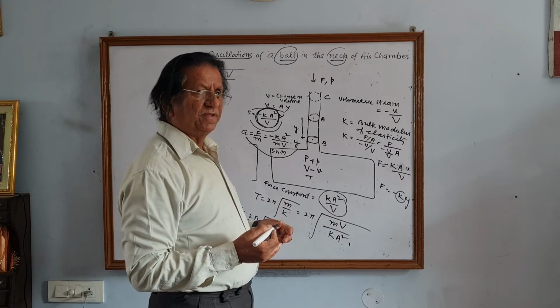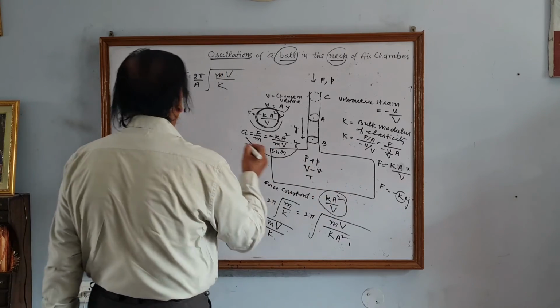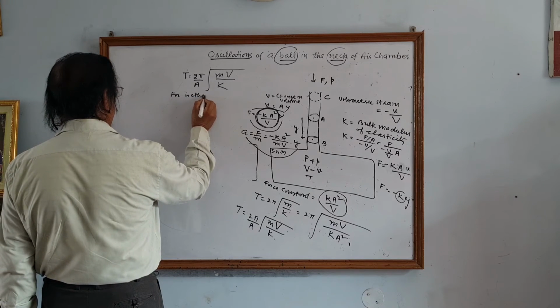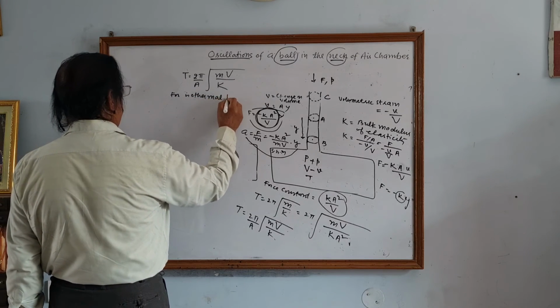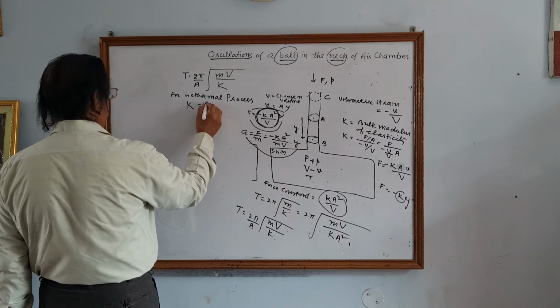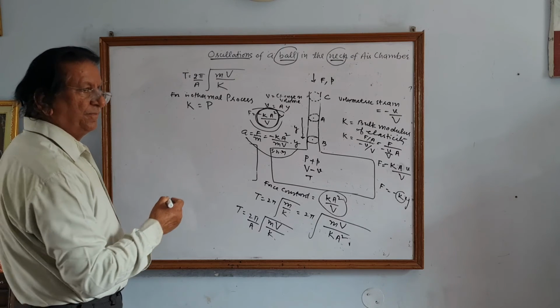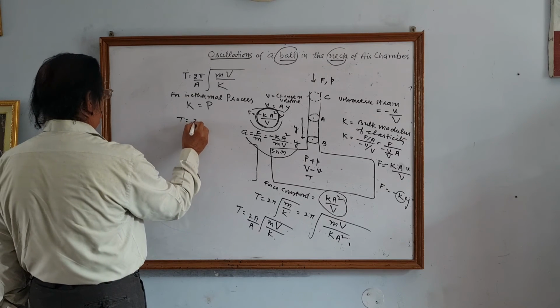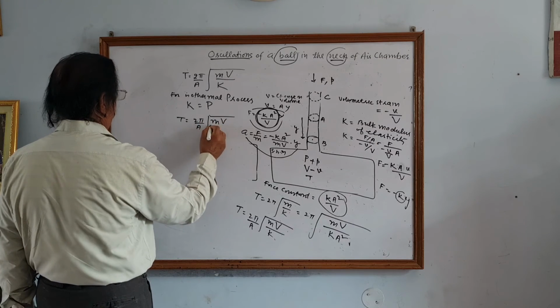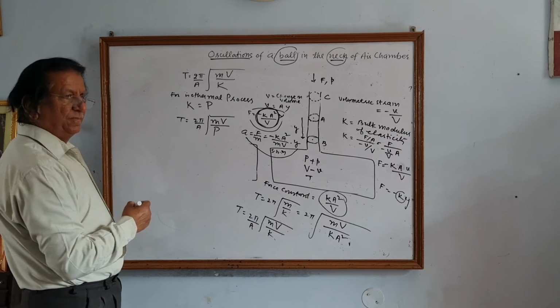In an isothermal process, temperature is constant, and the bulk modulus is always equal to pressure, and the time period will become 2π/a times the square root of mV/P. That is case 1.